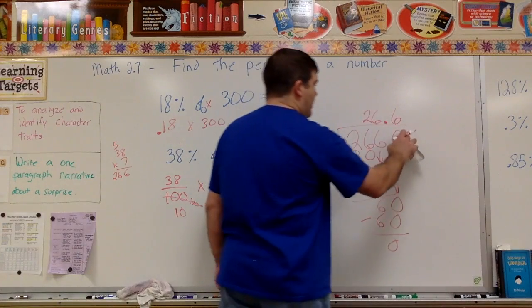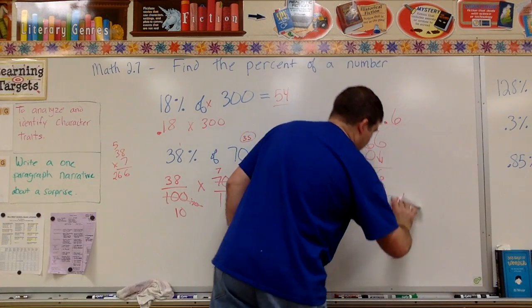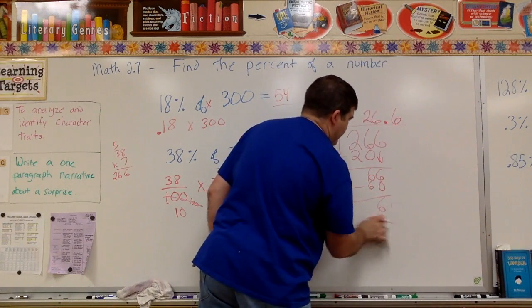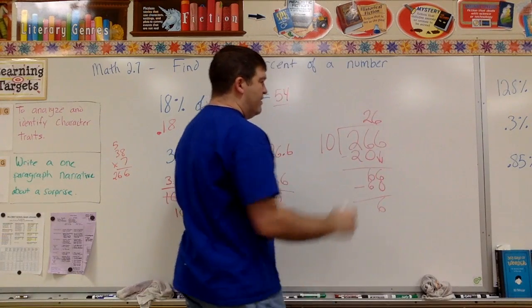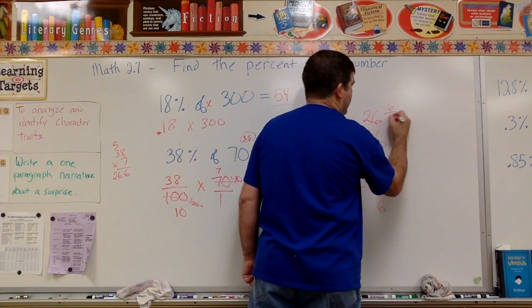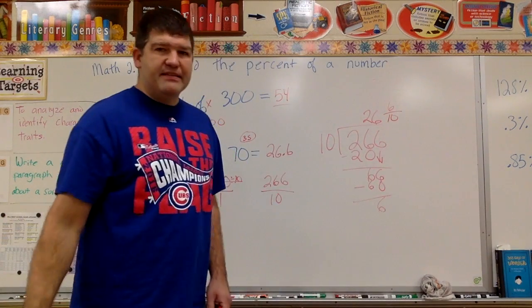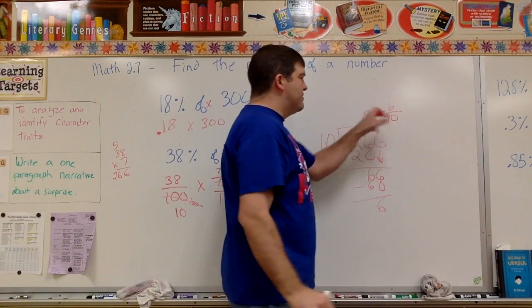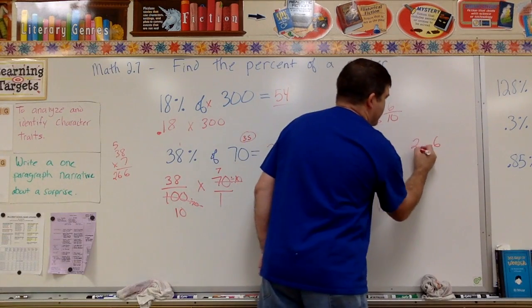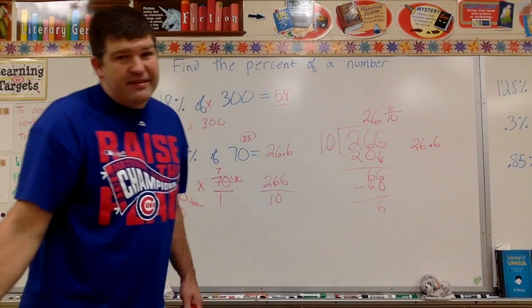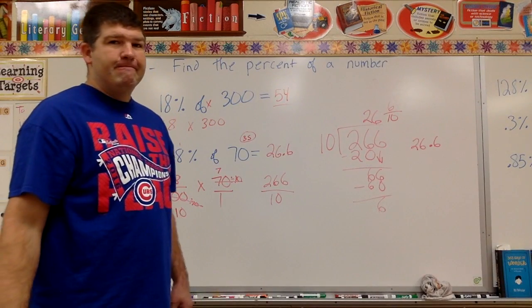Now, if I would have ended like this, 26, and I have this 6 left over, 26 and 6/10. Well, I'm going to put 6/10 into a decimal. I know it's 0.6, and I have 26 wholes. 26.6.